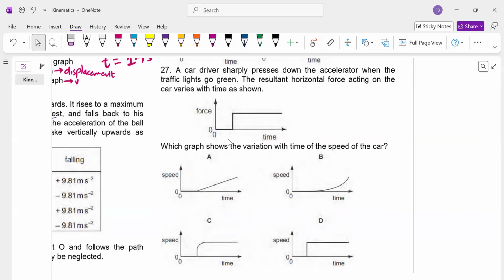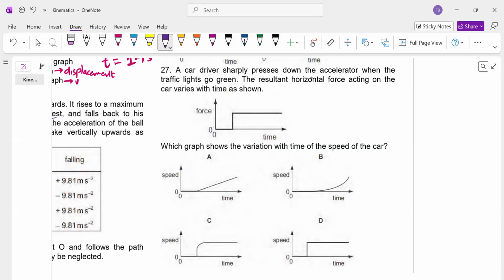A car driver sharply presses down the accelerator when the traffic lights go green. The resultant horizontal force acting on the car varies with time as shown. Which graph shows the variation with time of the speed of the car? They have mentioned force against time.